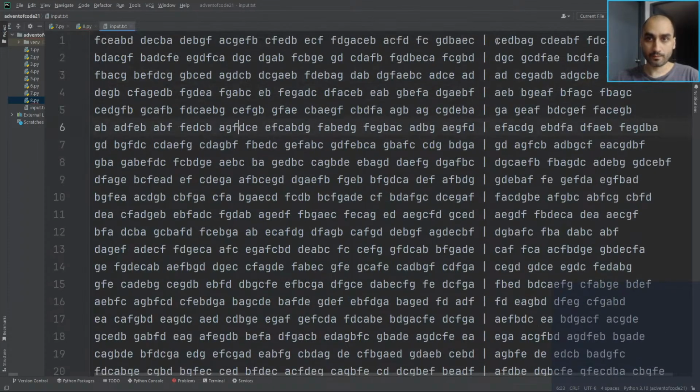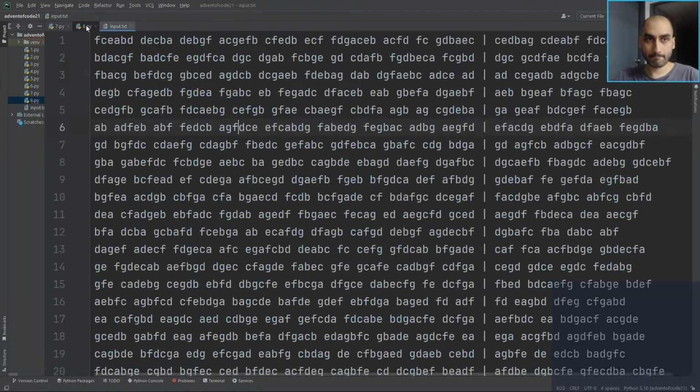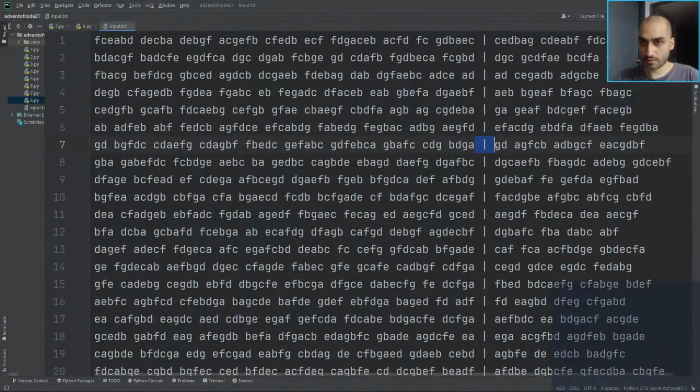Okay, so for now we just want to say left, right equals line dot strip dot split on pipe with 2 spaces.